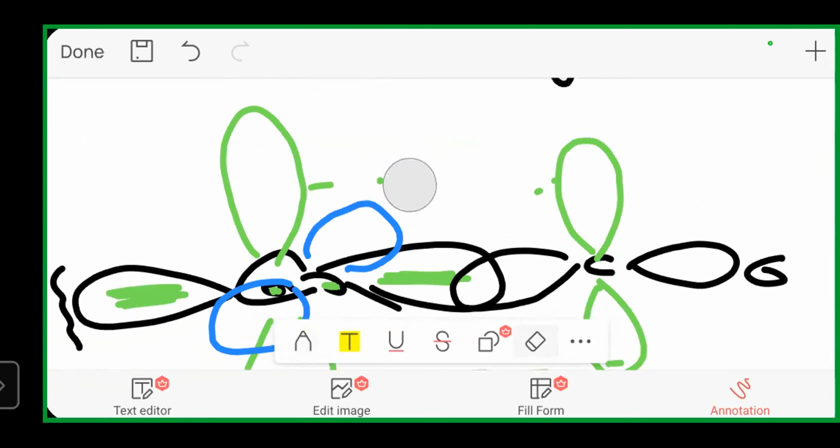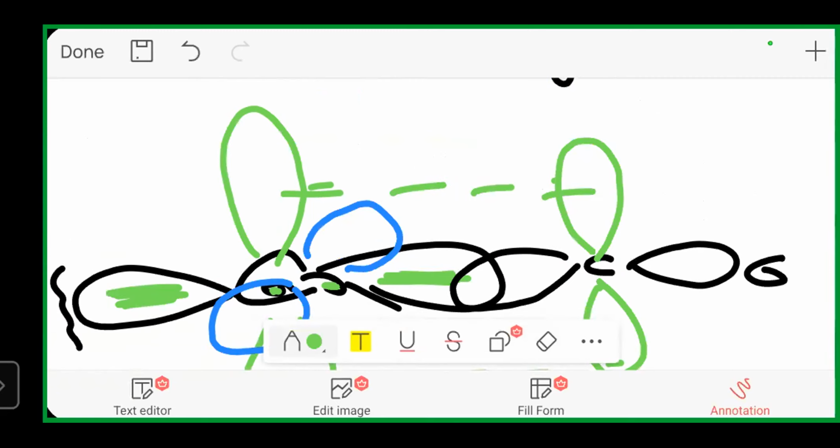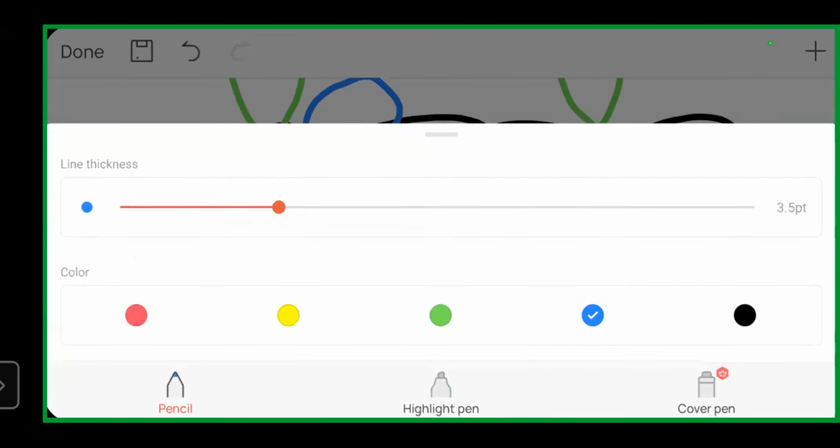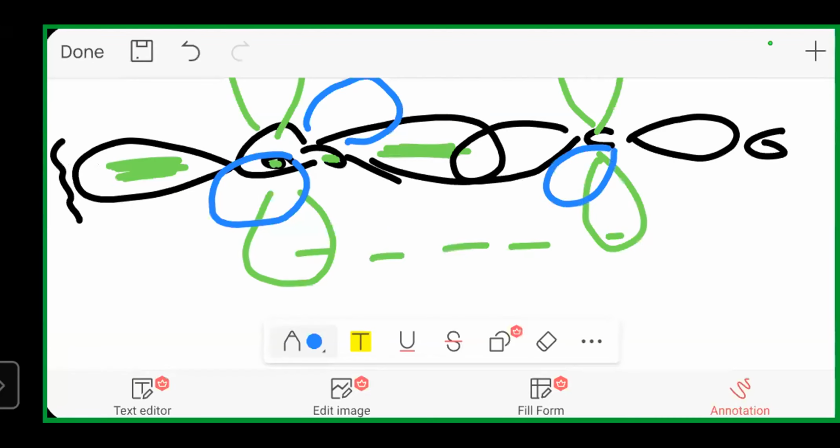Right? And then by the same token, the other p orbitals that are here perpendicular to the ones in green, they're also going to overlap. So we're going to have some overlap here and here.